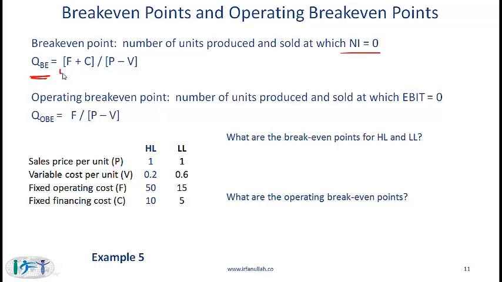This is equal to the total cost, which is your fixed operating cost plus the fixed financial cost, divided by the contribution margin, which is the sales price minus the variable cost. The operating break-even point is the point where EBIT or operating profit is 0. This is given by the fixed operating cost divided by the contribution margin.